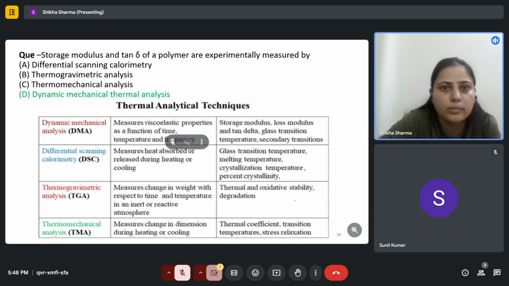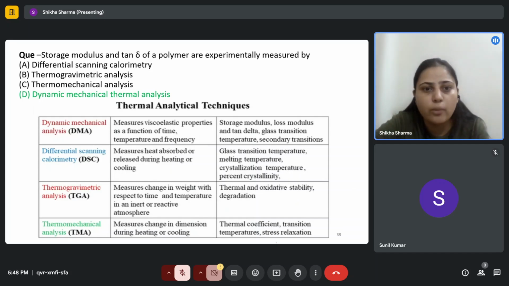Dynamic mechanical thermal analysis. So these are different thermal analytical techniques, which include the dynamic mechanical thermal analysis, which measures the viscoelastic properties as a function of time, temperature and frequency. It helps in calculating the storage modulus, loss modulus, tan delta, then glass transition temperature, and secondary transitions also we can calculate from this.